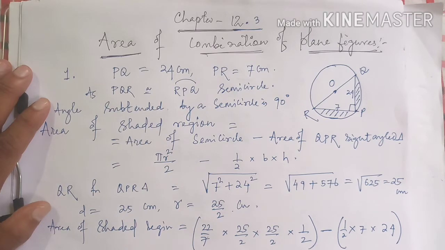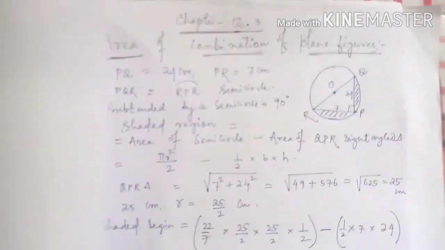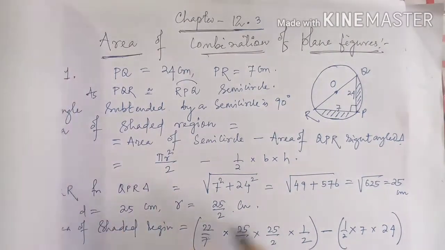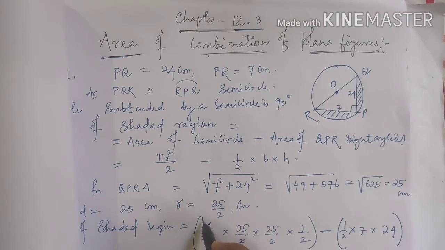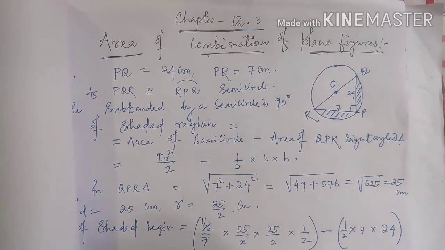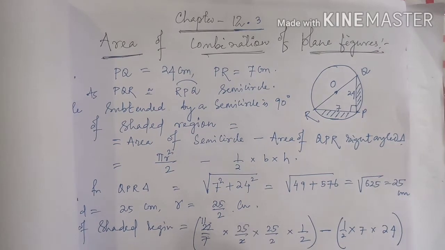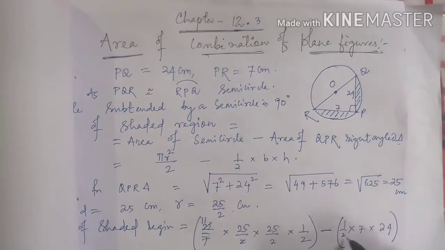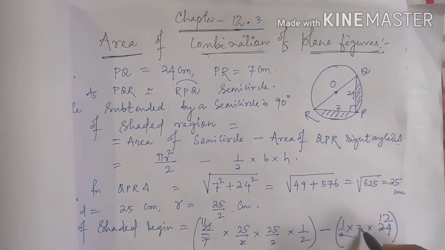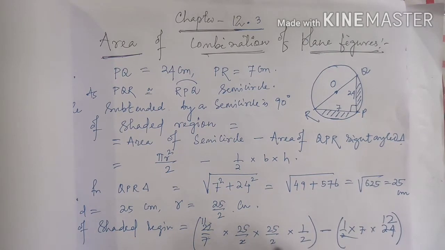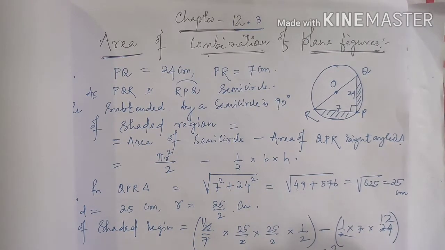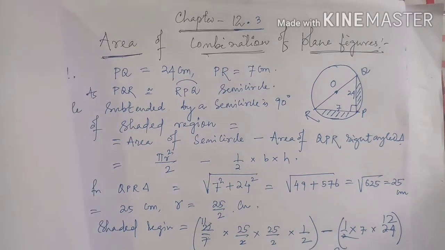So here you will calculate. If we cancel here, 2 and 11, I think this must be your task: you should calculate, and you will get the answer, 12 7 84, and the remaining part if you multiply and subtract, you will get some square centimeter, then you will find the area of the shaded region.